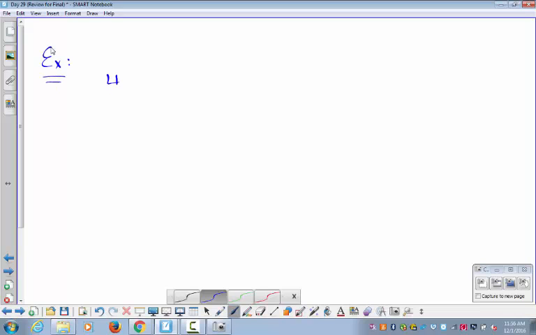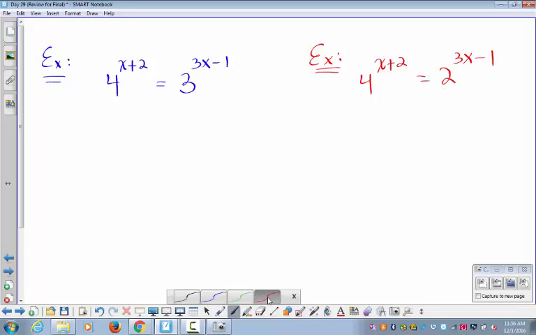So if we have something like this, this is a pretty standard type of equation. You obviously want to look at the bases, and if you can equate the bases, that's a great way to go. Most of you could do that pretty easily. So, for example, if I just modify this a little bit, there are totally different methods for solution here.